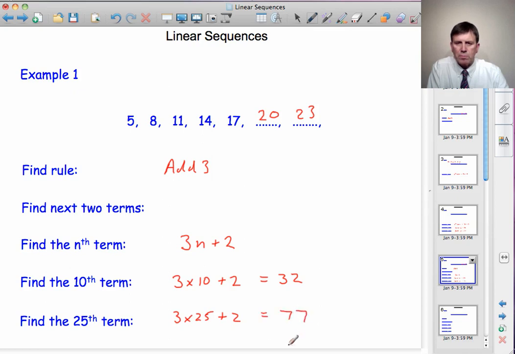We're now going to go through another 4 examples of linear sequences, and we're going to take this approach. We're going to find the rule, the next two terms, a formula for the nth term, use our formula to find the 10th term and the 25th term.